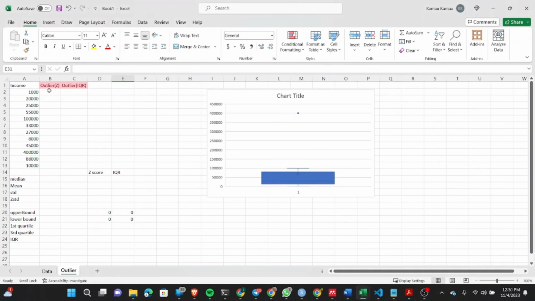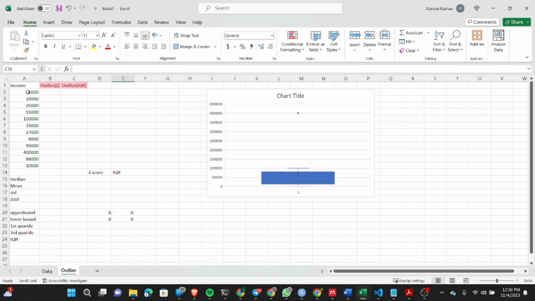Using the Z-score methodology, basically all you want to understand is that if this data is normally distributed, about 67% of the data is within one standard deviation away from the mean. Then 95% is within two standard deviations.